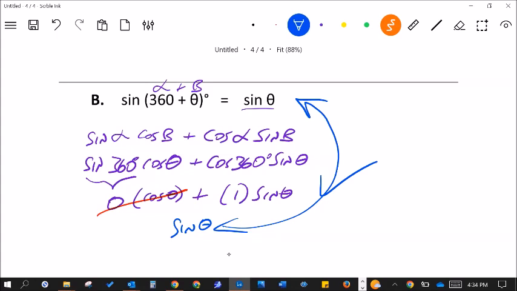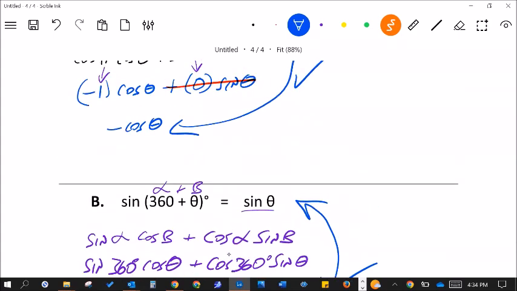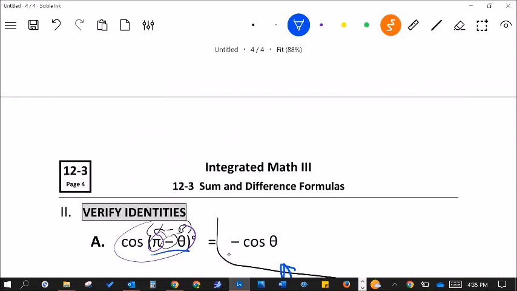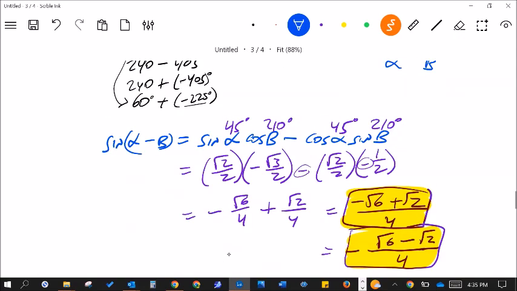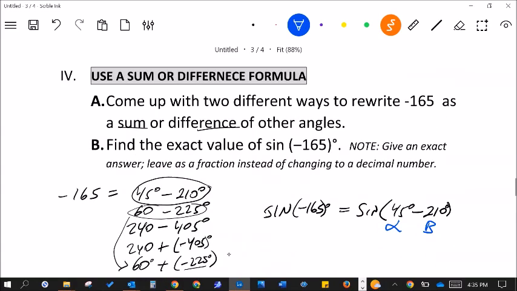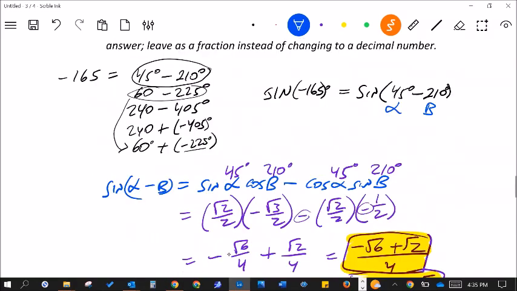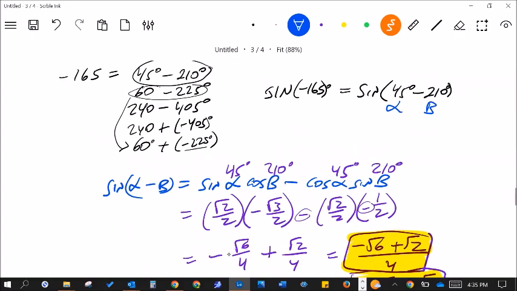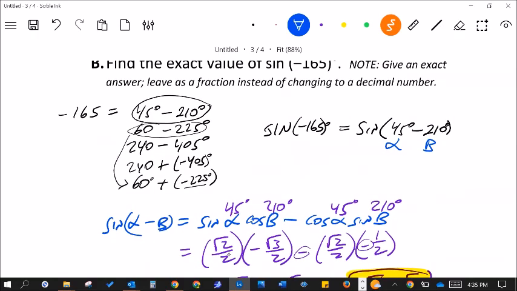So in the future, that is what you'll do sometimes, whether it's verifying an identity and using the sum formula just because you're given two angles that add up, or subtract in this case. Okay. Using this one, think about the things that we did here.